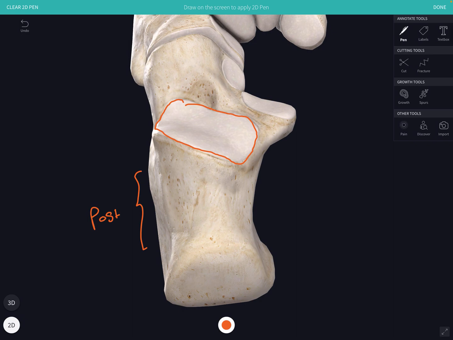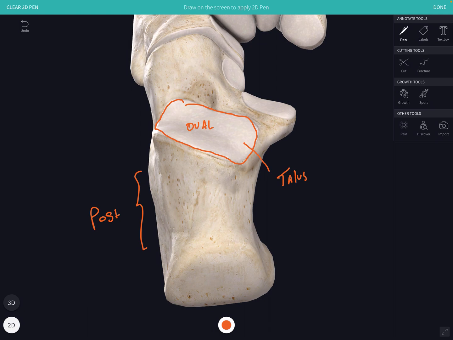And you can see a large oval articular facet, and that is going to articulate with the posterior aspect of the articular surface on the inferior aspect of the talus. So that is going to articulate with the talus.